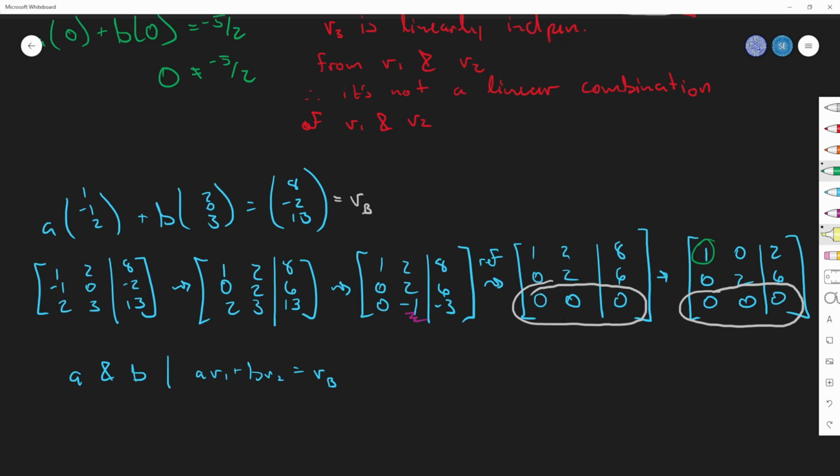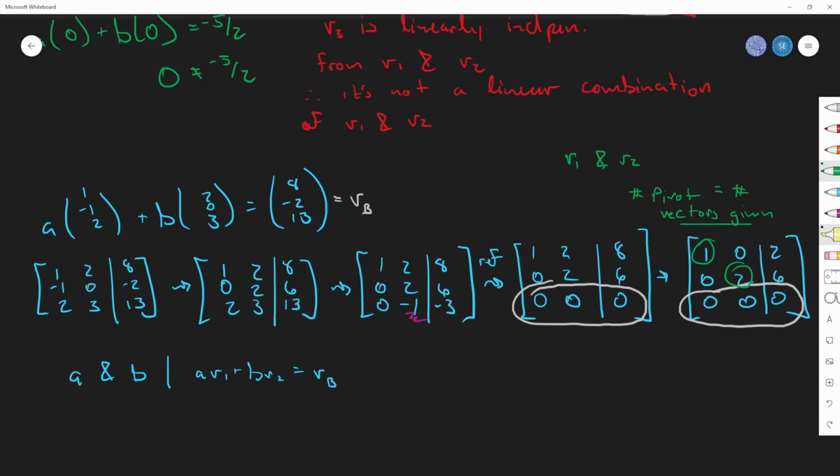And then also our pivots. So our number of pivots, that's another thing you can look at. The number of pivots is equal to the number of vectors given, as in we were given v1 and v2, and then we had to check if vb is also.